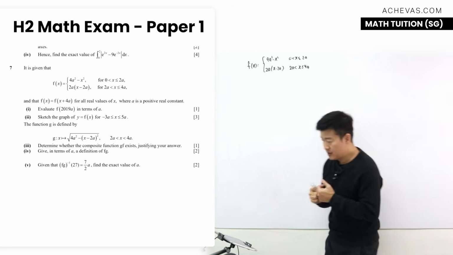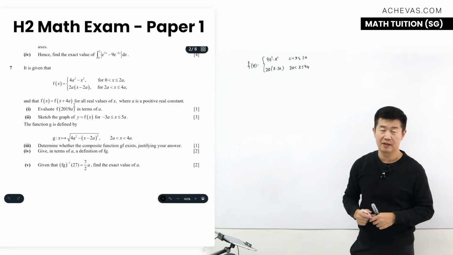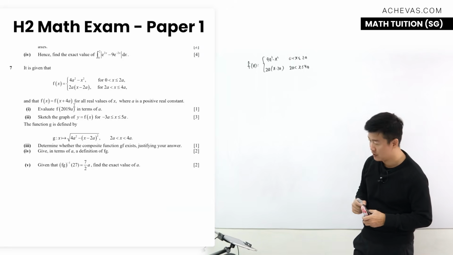We are also given f(x) = f(x + 4a). This is a periodic function also, a periodic function that comes with a period of 4a.